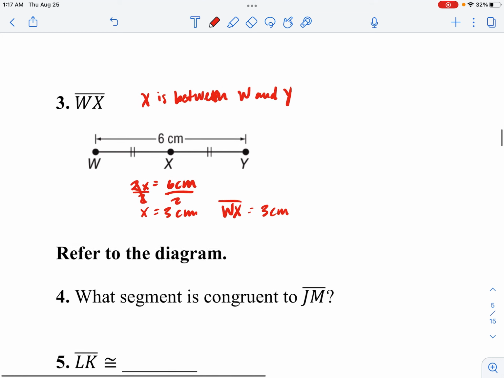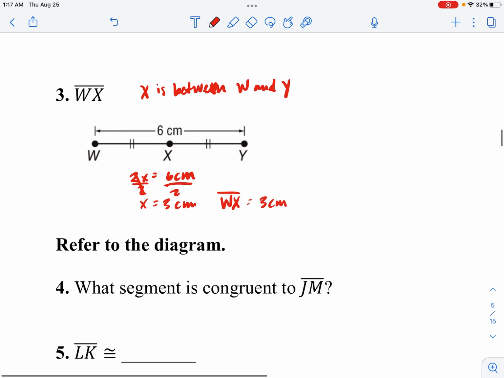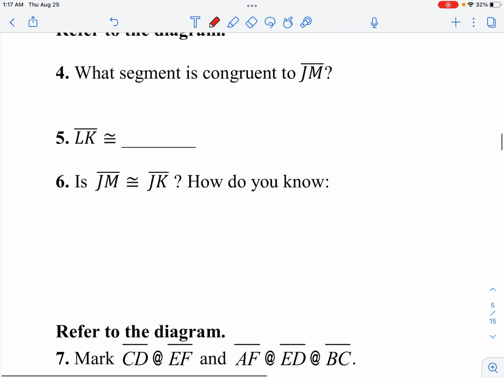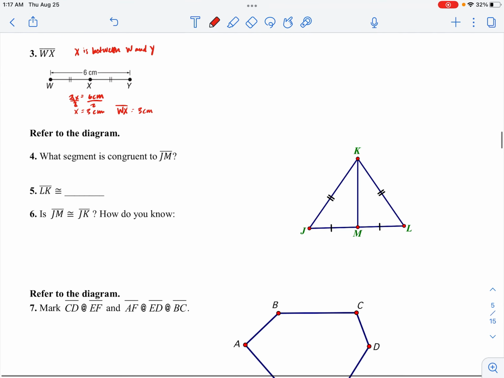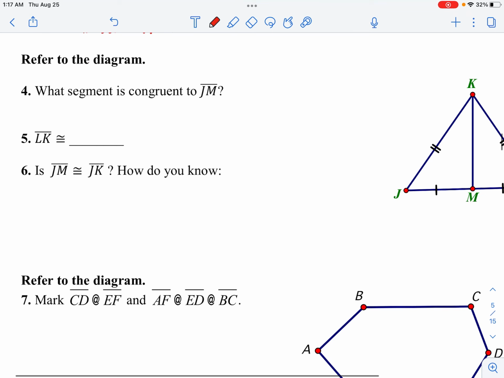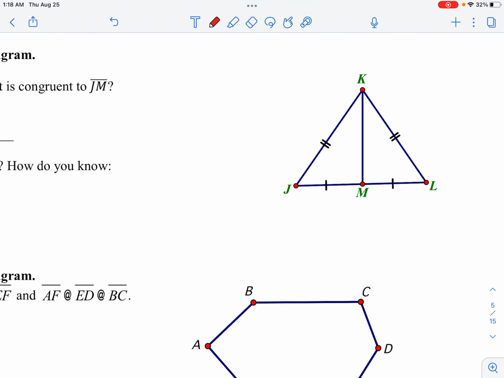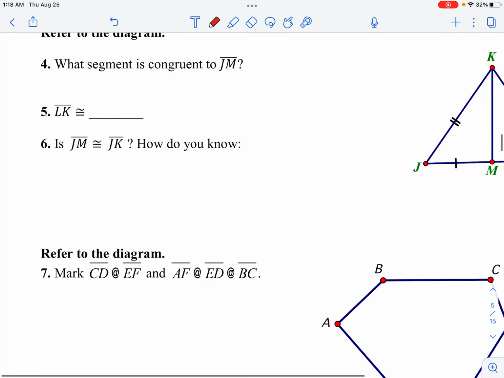Now you could also just do that obviously, because half of 6 is 3. 3 plus 3 is equal to that 6, giving you that length. Further the diagram, there we go. LK is congruent to LK. Well, so we see the 2 tick marks. We should be able to identify the other 2 tick marks, which would be JK.